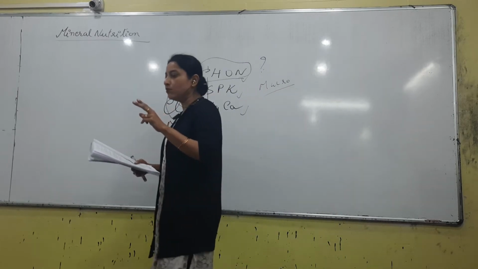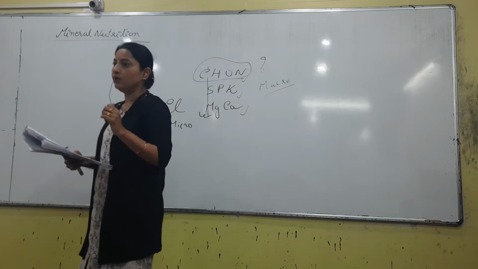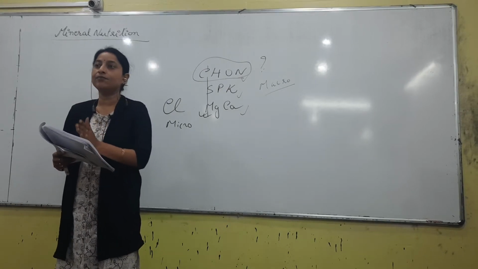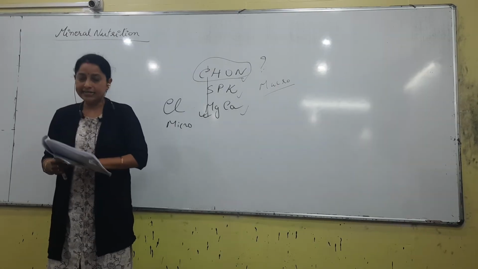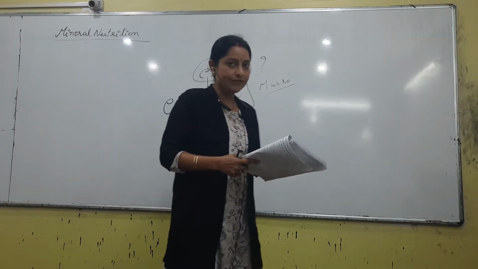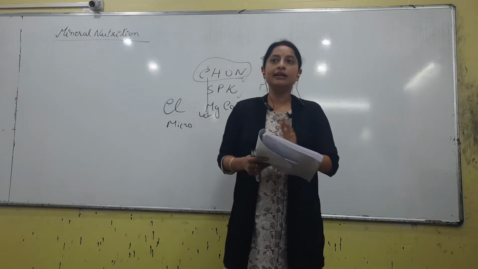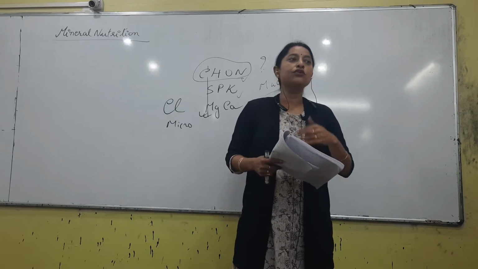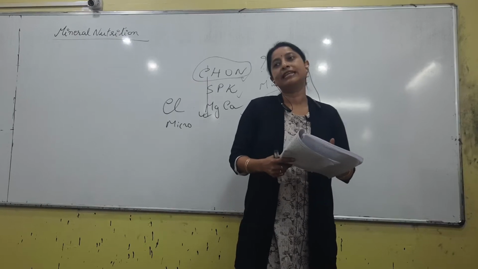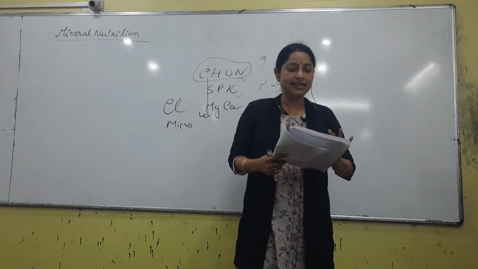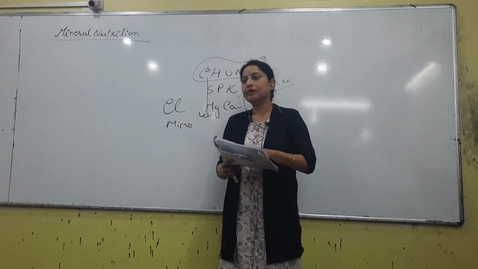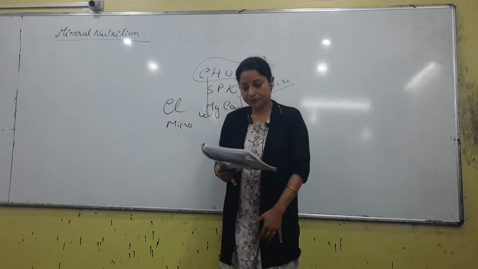Keep aerobic and anaerobic in mind. Questions will ask you to identify the free living aerobic nitrogen fixer, the free living anaerobic nitrogen fixer, the symbiotic nitrogen fixer, and the root nodule forming nitrogen fixer. We will learn the examples under which heading: aerobic, anaerobic, photosynthetic, chemosynthetic. Read those parts.